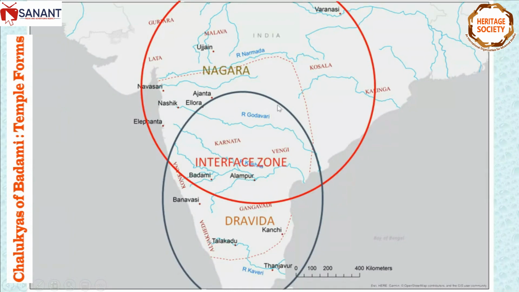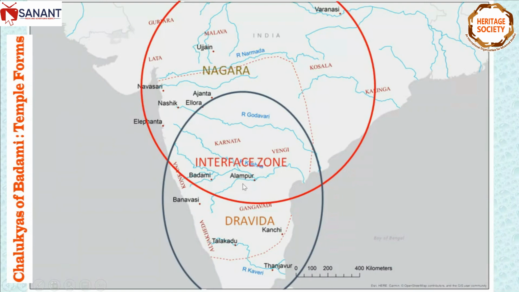And this region in between, what I have marked as the interface zone, is representative of the interface of the region where you find both the traditions being represented in art and architecture. So that is a very significant aspect of this particular region.